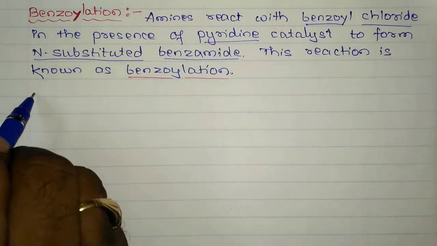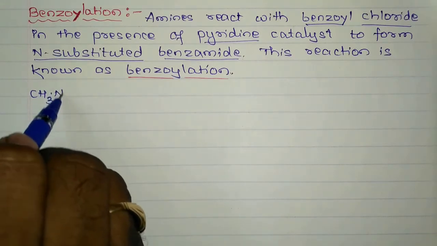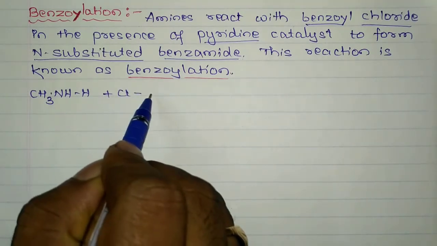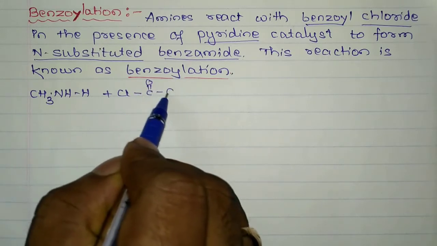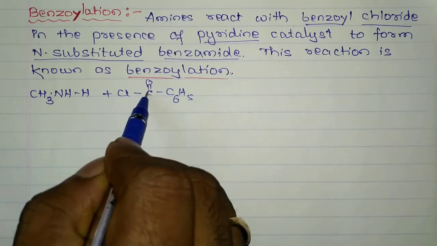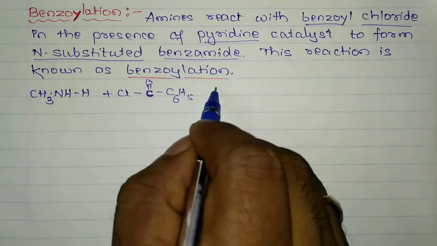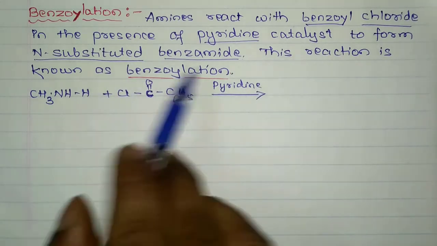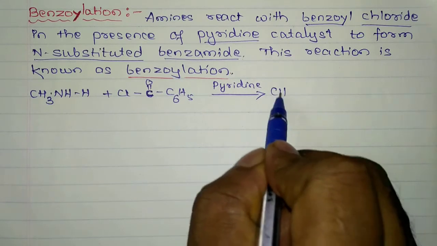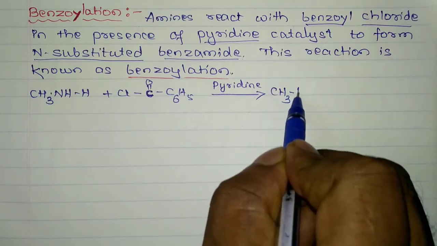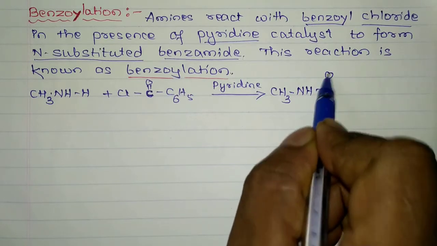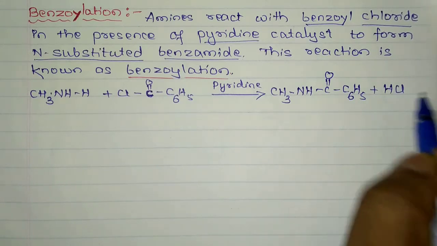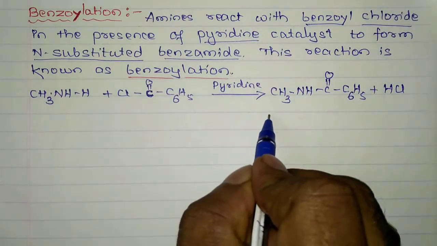Here, primary amine CH3NH2 plus benzoyl chloride, ClCOC6H5, in the presence of pyridine catalyst, we are going to get N-substituted benzamide, CH3NHCOC6H5, plus HCl. This is N-methyl benzamide.